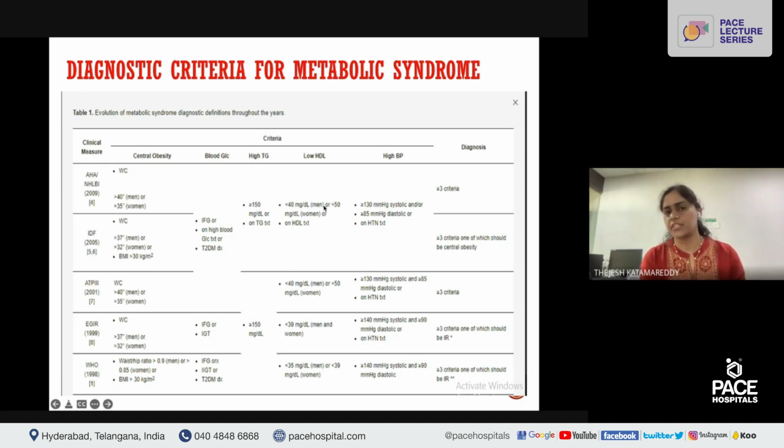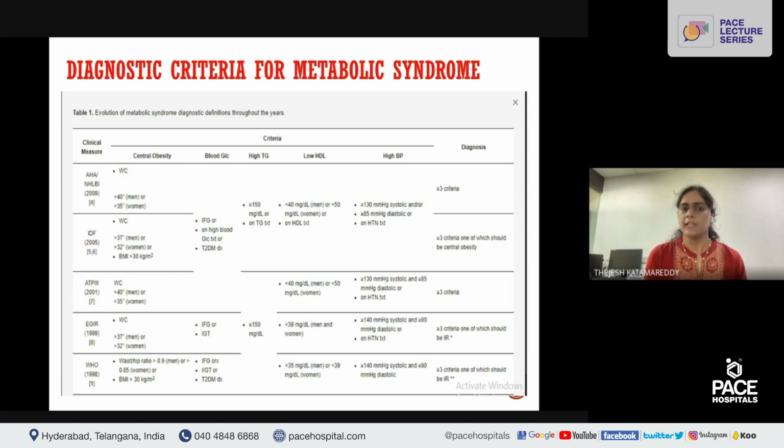HDL should be less than 40 in men and less than 50 in women, or the patient can be on treatment for low HDL. Coming to blood pressure, it should be more than 130/80, or the patient can be on treatment for hypertension.